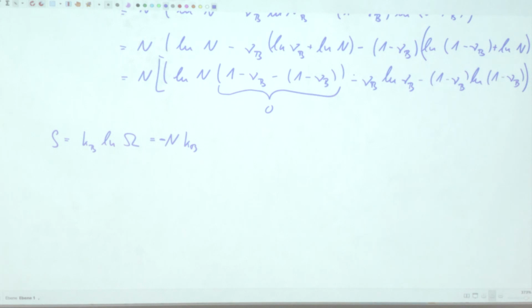Take out the minus sign. You see here are all minus signs, here and here, minus n, and then we have nu b ln nu b plus 1 minus nu b ln 1 minus nu b.